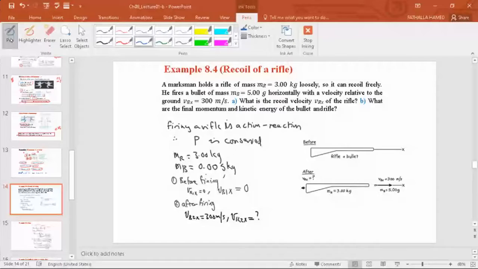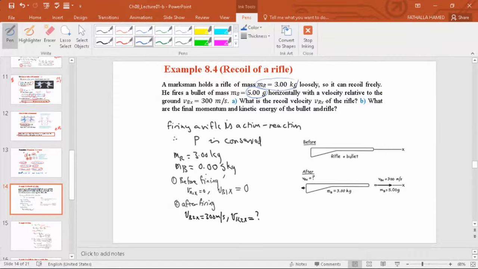Let's take an example to illustrate this here. The example talks about a marksman who holds a rifle of mass 3 kilogram, and we use symbol R here for the rifle, loosely so it can recoil freely. He fires a bullet of mass 5 grams. Usually you have to convert that to kilogram, and you divide that by 1,000, so it will be 0.005.